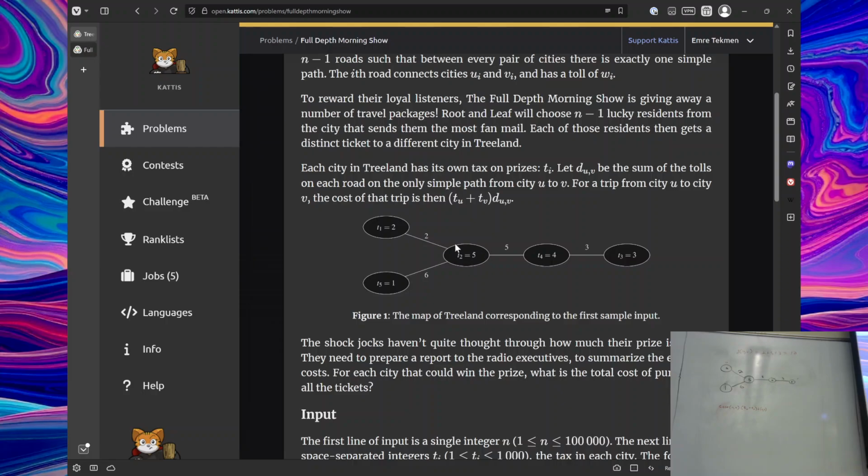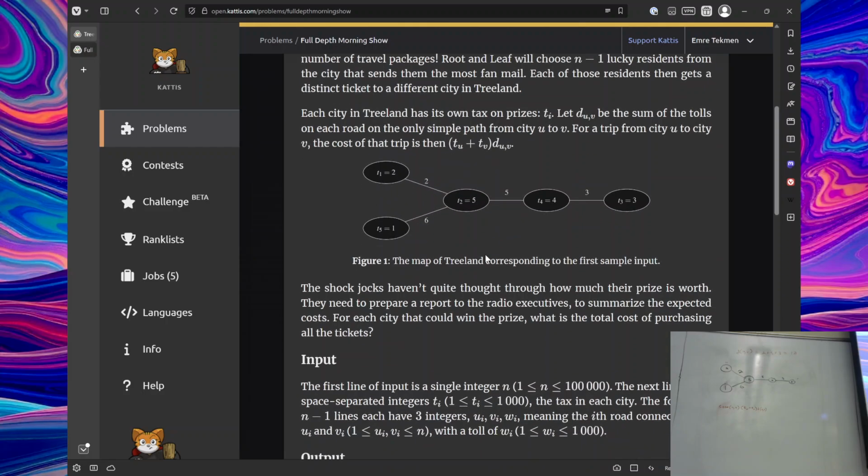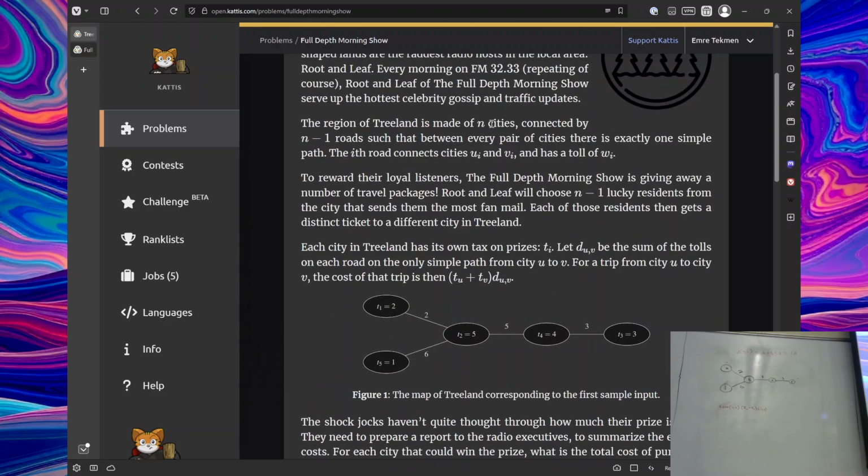So if they come from city 2, then the cost of the trip is going to be, well, wait, hold on. It says n minus 1 lucky residents from the city, right?